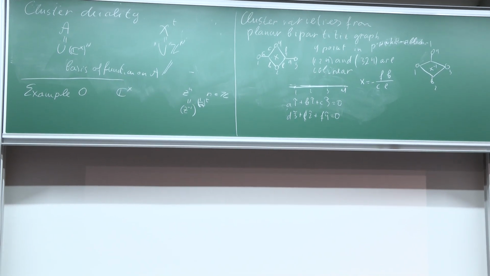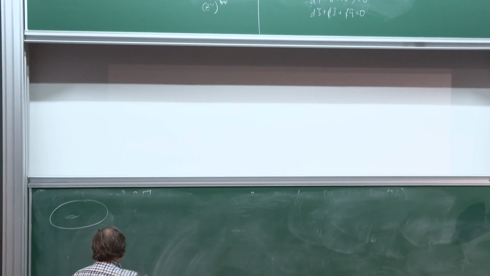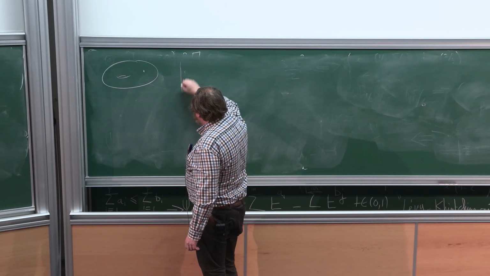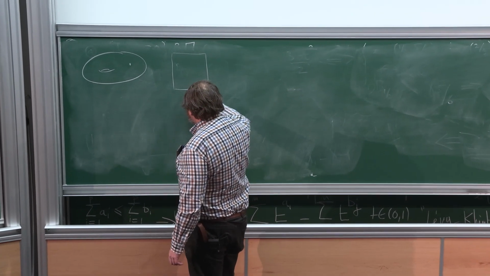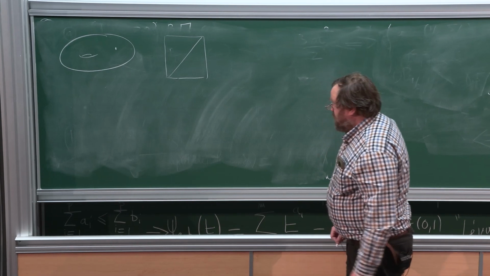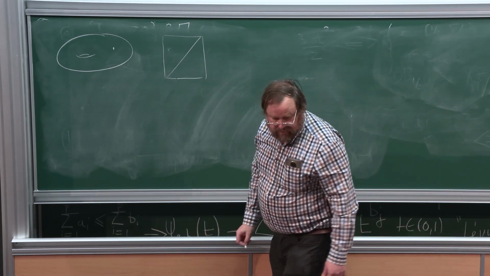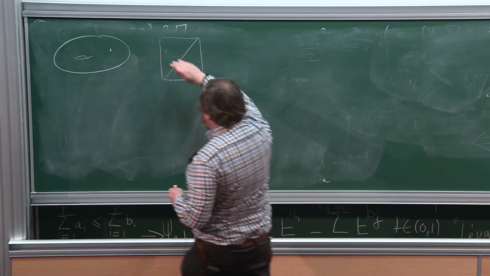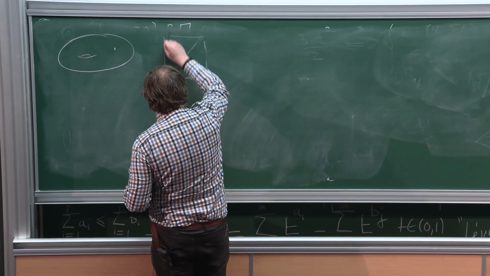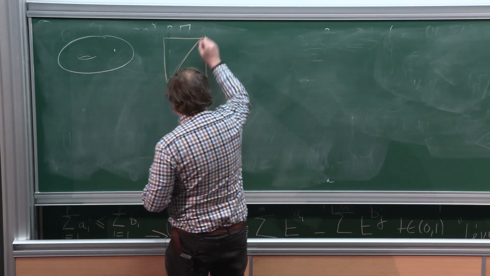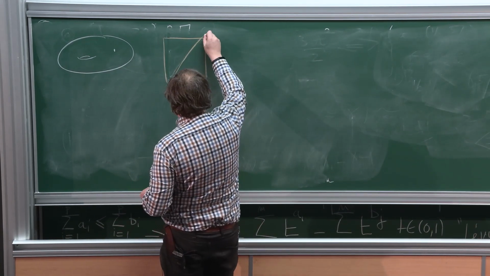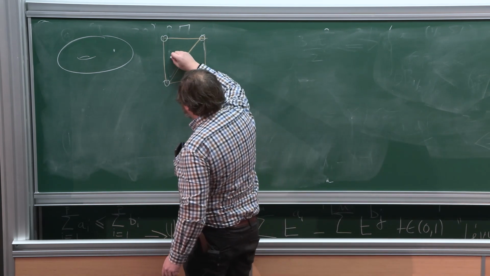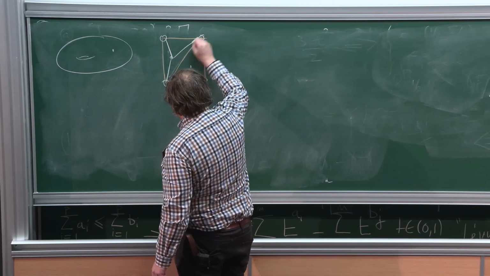To take a simple example, you have a torus with one puncture, and you can cut this surface into triangles. Then you can construct a graph by taking white vertices in here and black vertices in the middle of the triangles, and connect them like that.